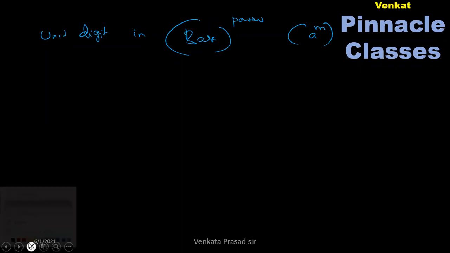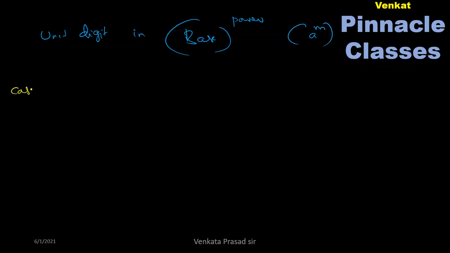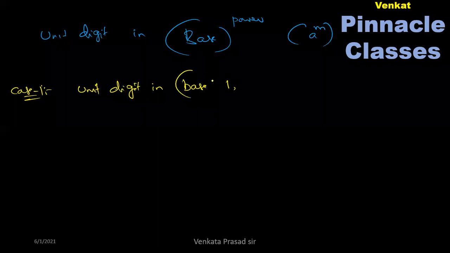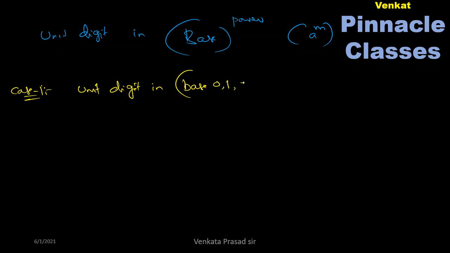Okay. In this case, I'm writing case 1, dear students. Unit digit in, suppose the base unit digit is given as 1, 0, 5 or 6, to the power of any number.